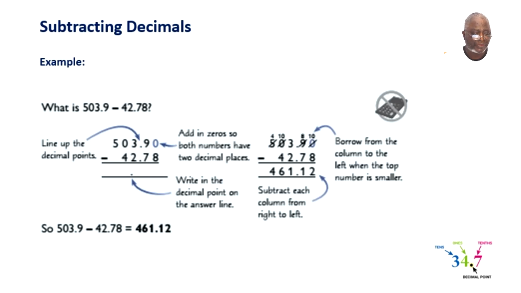What is 503.9 minus 42.78? Don't be fooled by the size of the digits you see. Just trust that you know what you're doing by, first of all, dealing with the decimal points. Line up the decimal points. Add your zeros. Put your decimal point in your answer line.